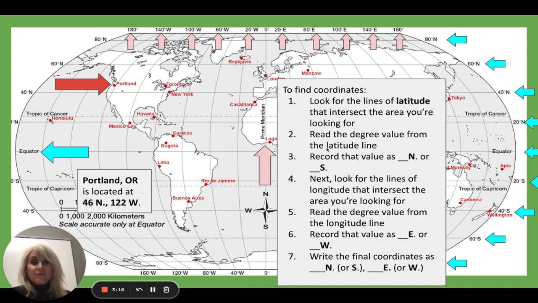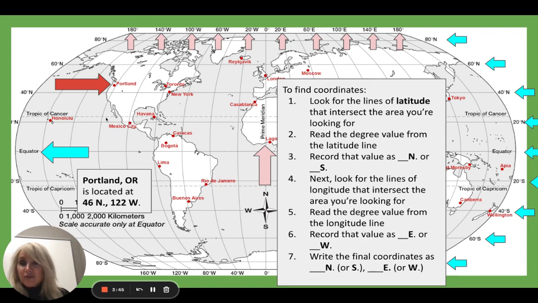And then I would look for the lines of longitude that intersect the area I'm looking for. So remember, lines of longitude go up and down from the prime meridian. So I would count over. Prime meridian is 0. That's 20, 40, 60, 80, 100.